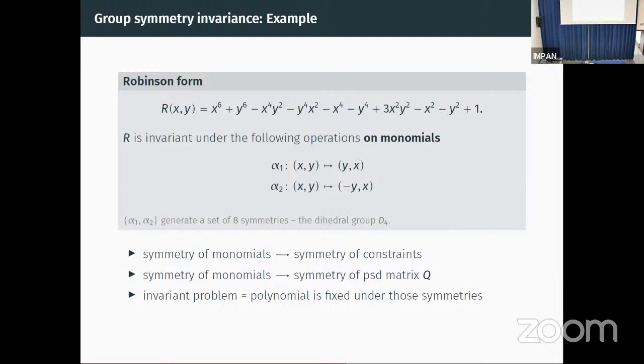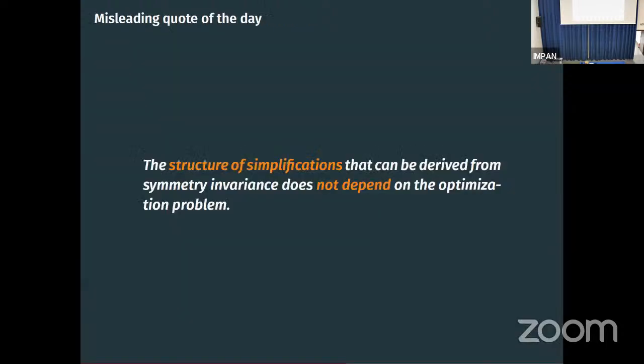So it's very easy to check if I'm looking at an invariant problem which has an invariant solution. And now if it has, then I would like to derive some structural simplification from this. And this is a misleading quote of the day. And the structural simplification I can derive from this symmetry is independent from the optimization plan.